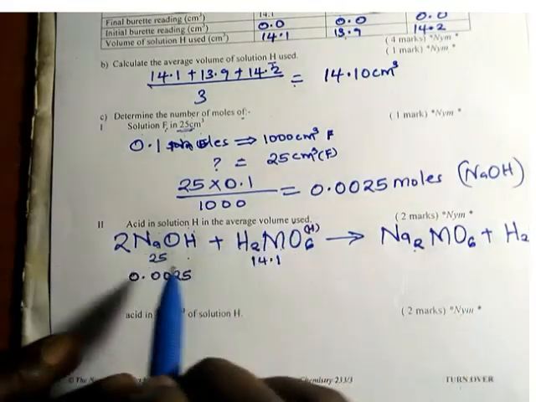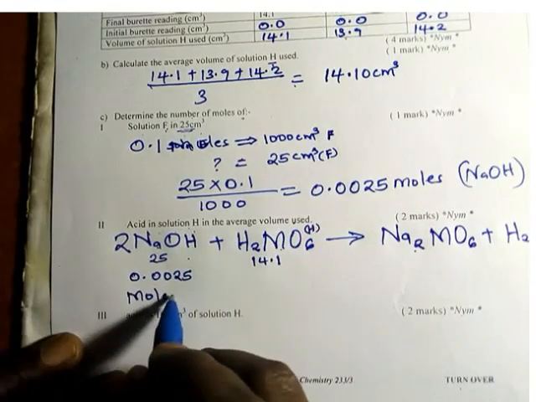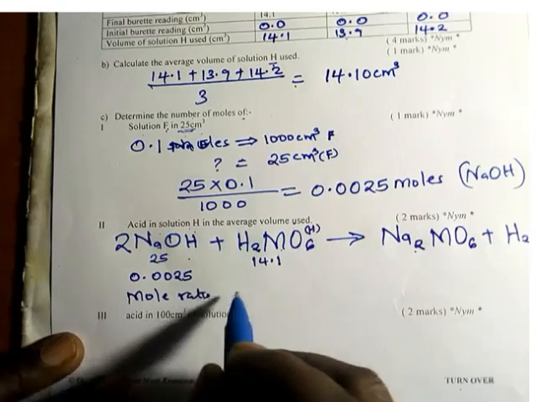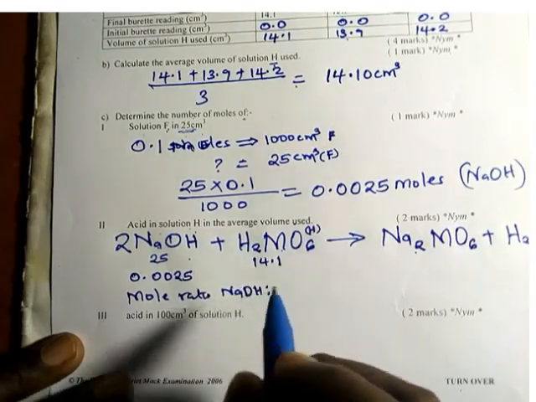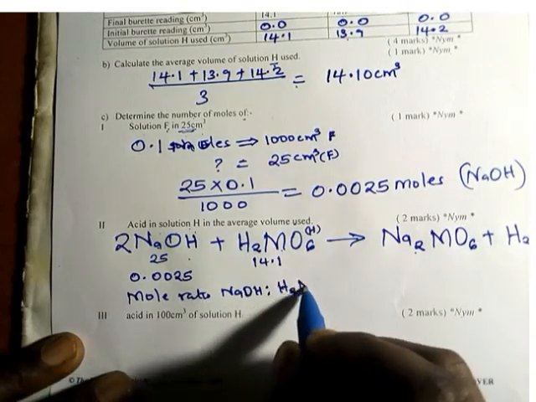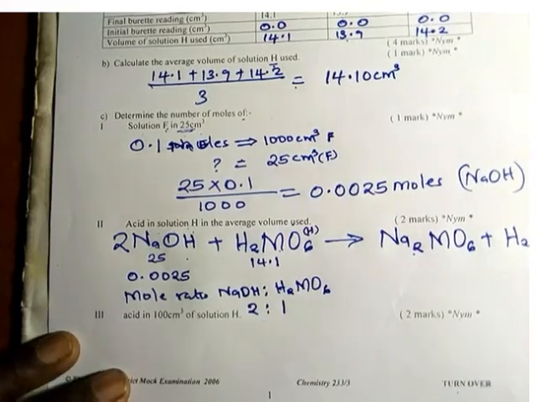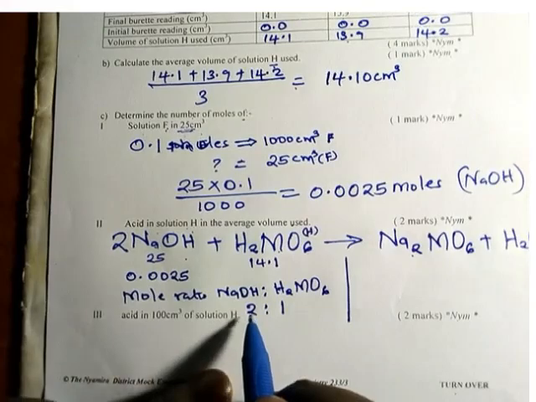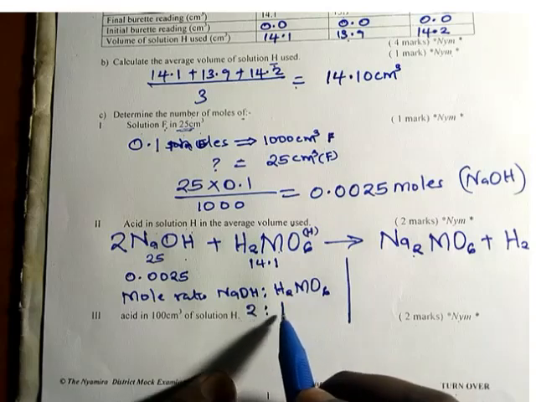Because of the mole ratio of sodium hydroxide to H2MO6 is 2 to 1, the number of moles of the acid is going to be half.